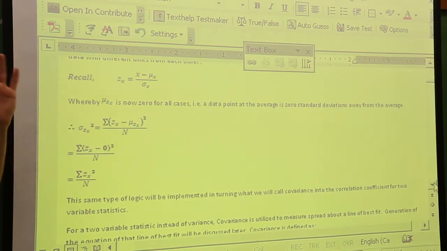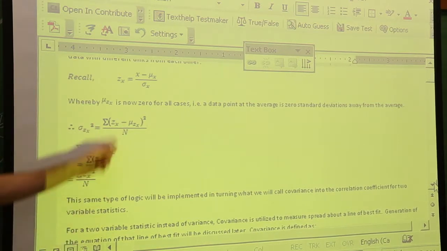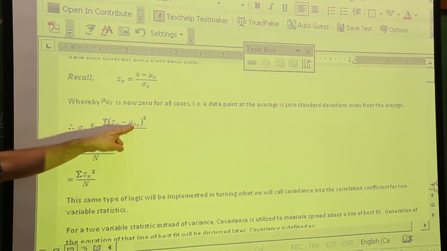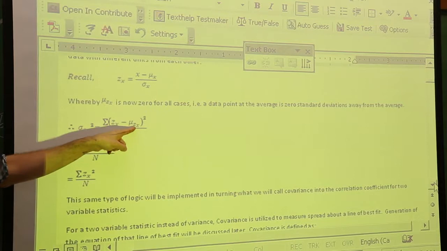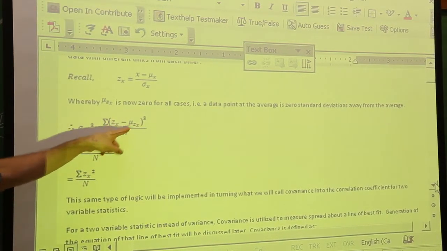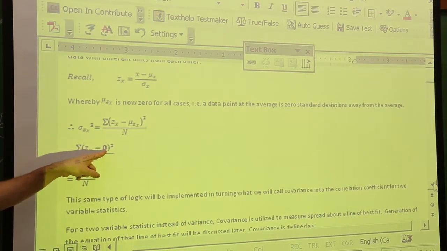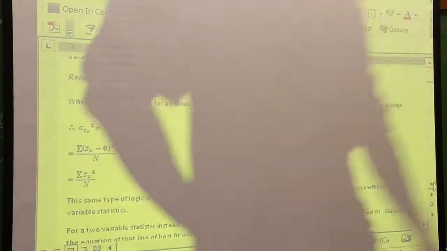I'm taking every data point and going minus mu over sigma. So I'm normalizing it. Is this going to be on the test? No. You guys understand why mu of zx is 0? Because how many standard deviations are you away from the average? 0. Okay, so you understand a little bit.